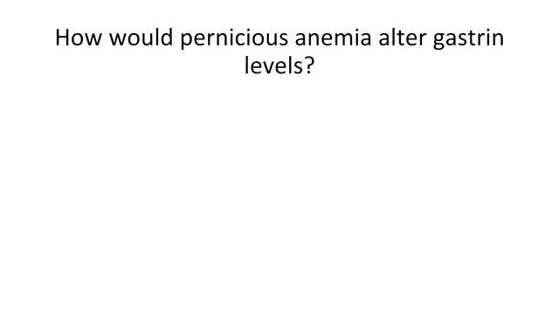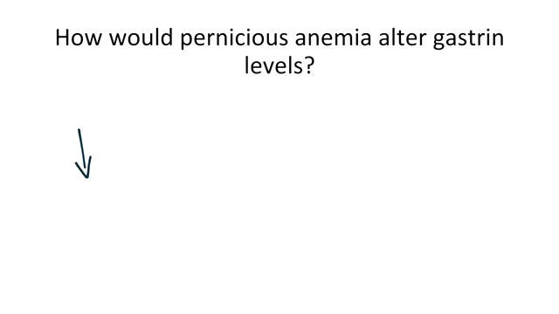How would pernicious anemia alter gastrin levels? Okay, from the last question, we know that pernicious anemia is a result of autoimmune destruction of the parietal cells. This damage results in decreased hydrochloric acid secretion. As the pH rises in the stomach, the G cells detect the decreased acid and begin to release gastrin and attempt to stimulate the parietal cells to secrete more acid.